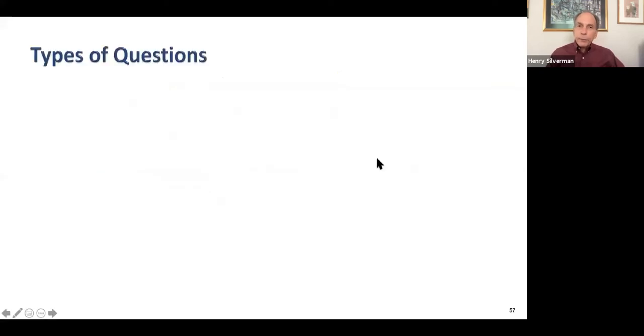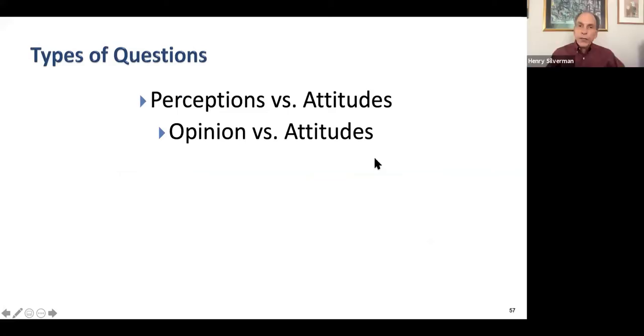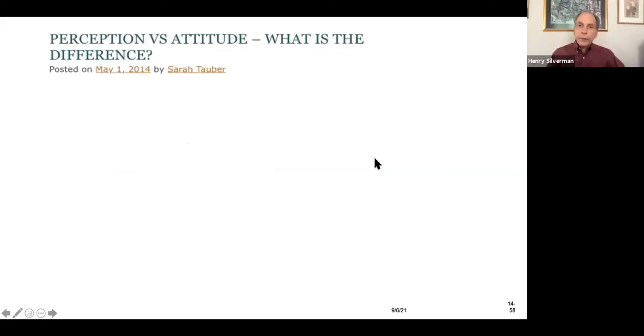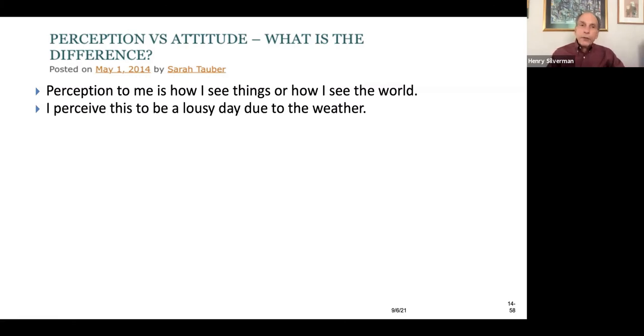So let's explore this: perception versus attitudes, opinion versus attitudes, fact versus perception. Now, as I said before, perception to me is how I see things or how I see the world. It has no evaluative component. This is what I see. I perceive this to be a lousy day due to the weather. That's a perception.